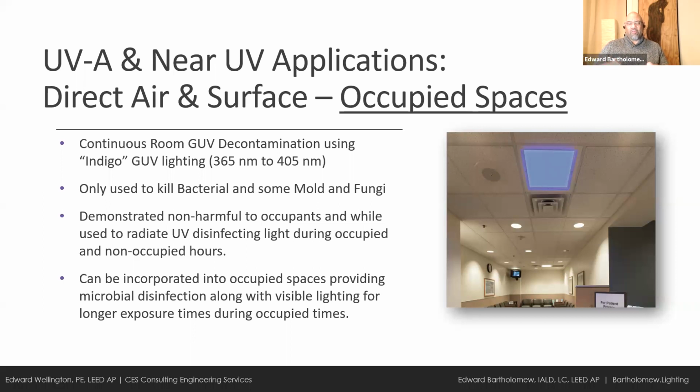These are already used in a lot of hospitals because of MRSA and Legionnaires and other pathogens that are quite large, and this spectrum of the UV can kill them effectively. It's demonstrated to be non-harmful for occupants, and can be incorporated into existing light fixtures. So you get both the visible lighting and the benefit of the UV lighting as well.